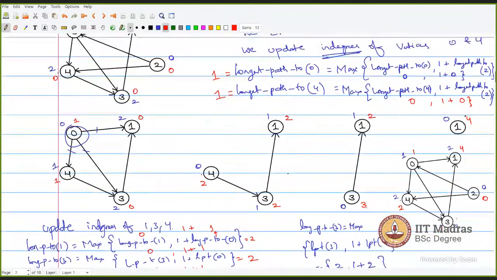So finally these particular red numbers you see, now you see the largest number I have is 4. That means in this particular graph there is a path which has length 4 from one vertex to vertex 1. So that path is basically this.